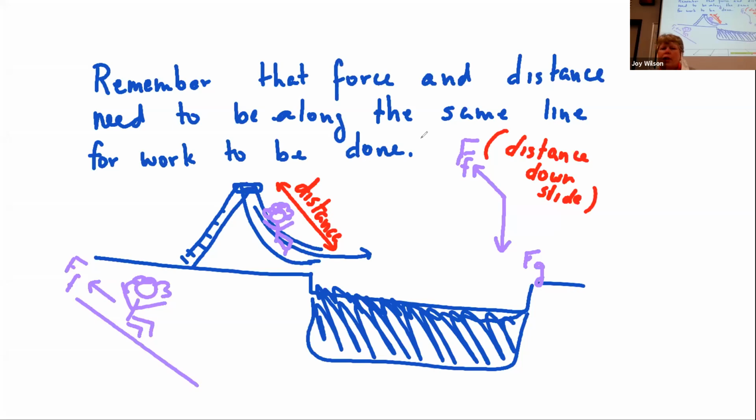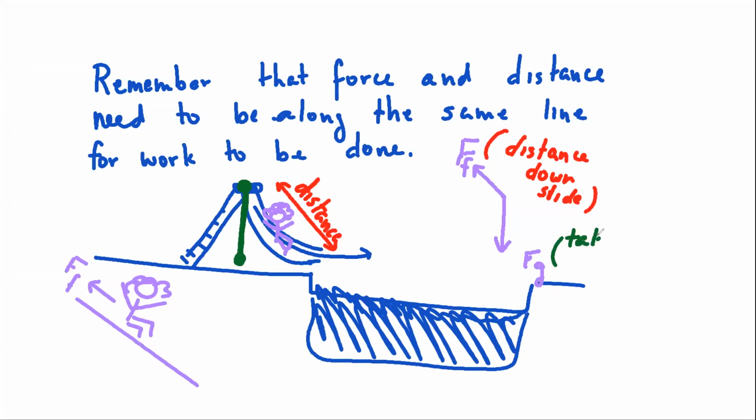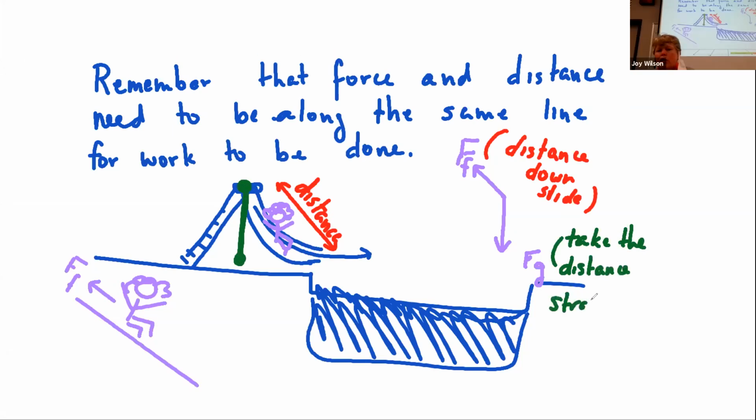Which distance would I measure to get the work due to gravity? How would it have to be measured? We have to measure from here straight down, because gravitational force acts straight down, so I would take the distance straight down to find the work.